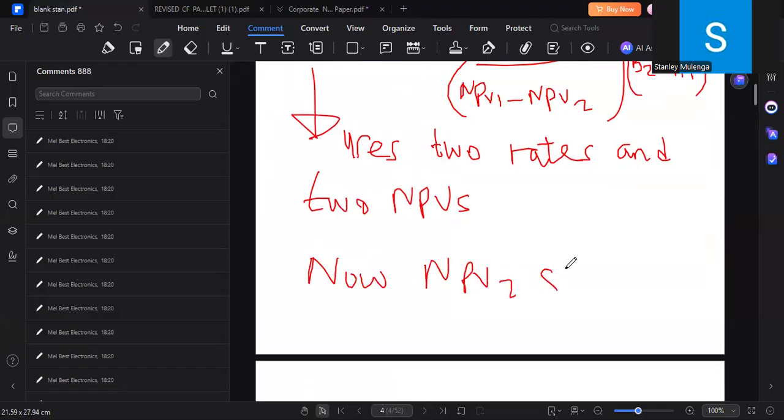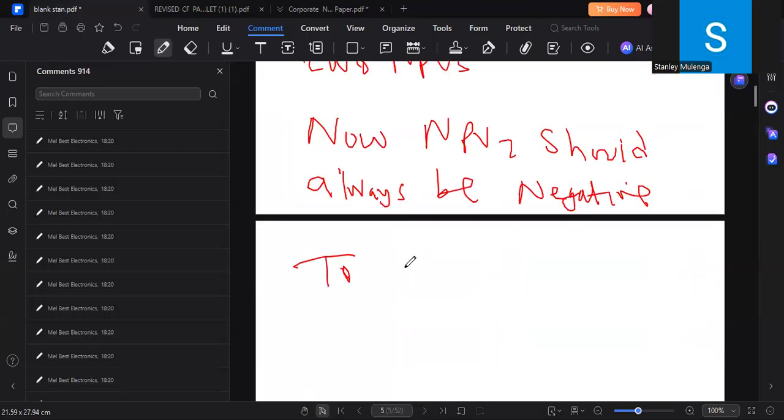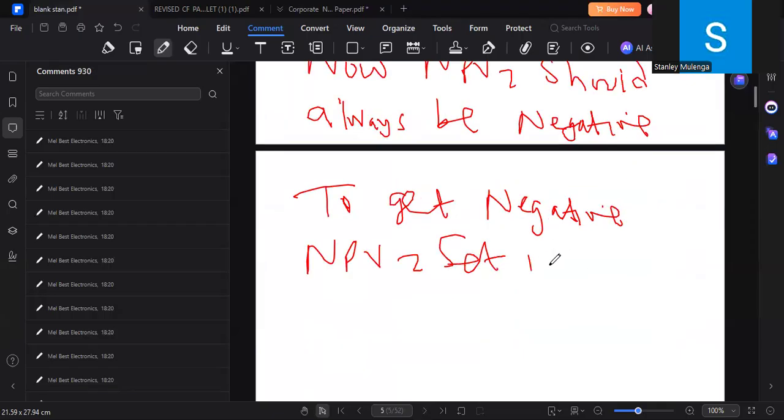Now, NPV2 should always be negative. So to get a negative NPV2, set rate 2 as high as possible.